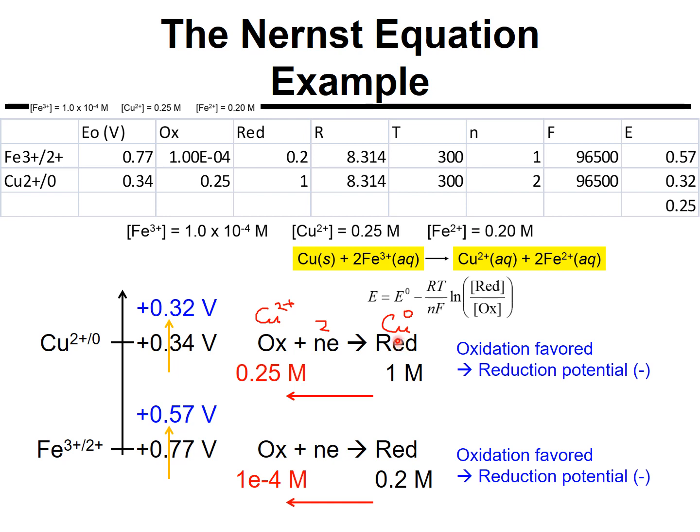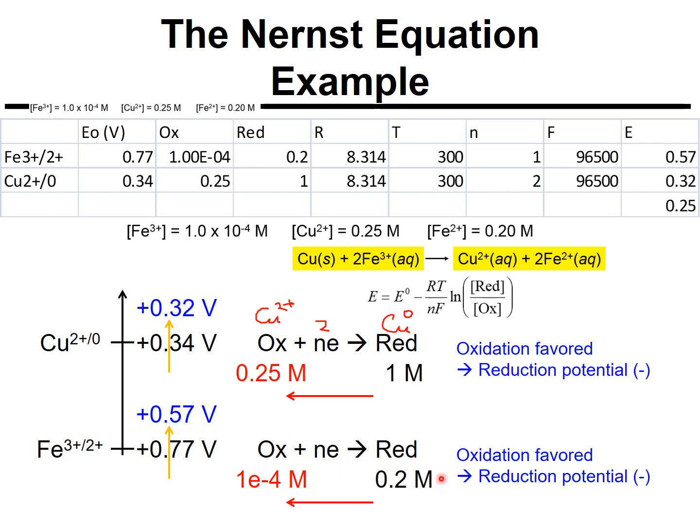So the oxidation reaction is favored, and the reduction potential goes to more negative values. I have said more negative reduction potential indicates oxidation is favored, right? So again, by Le Chatelier's principle, the backward reaction, the oxidation reaction, is favored, so the reduction potential goes to more negative values.